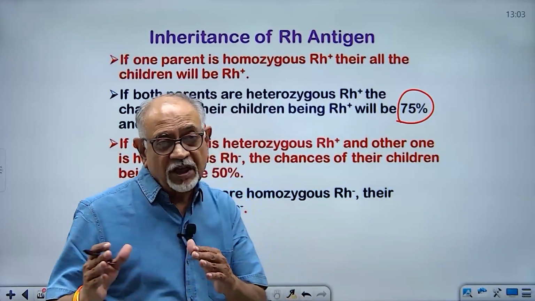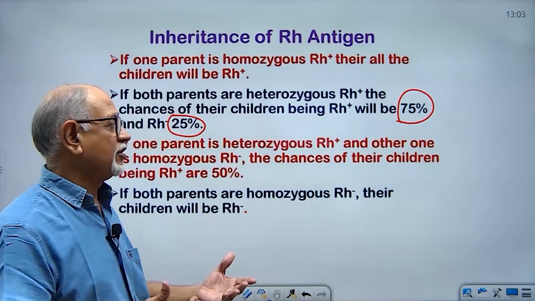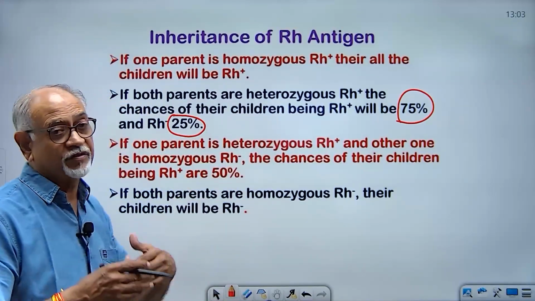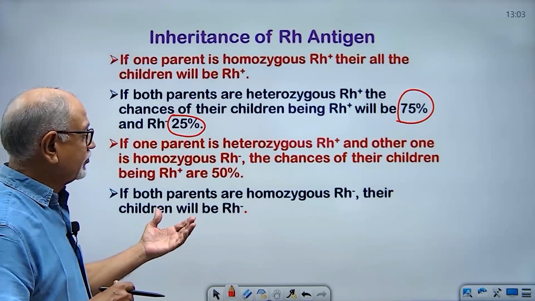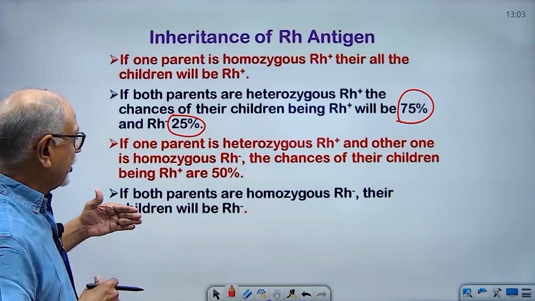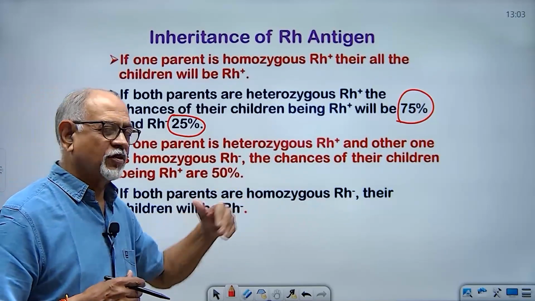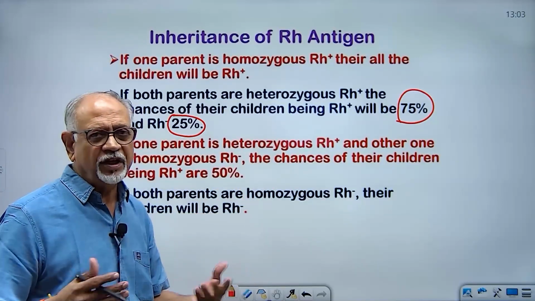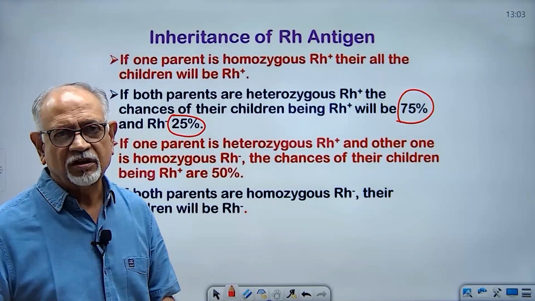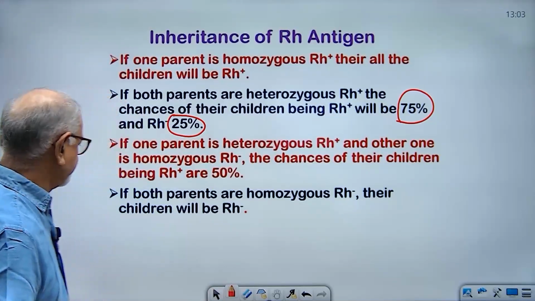So, if the female is Rh negative and the male is Rh positive, at least 50% chance is there of their children being Rh positive. If both parents are homozygous for Rh negative, then obviously their child will be Rh negative.